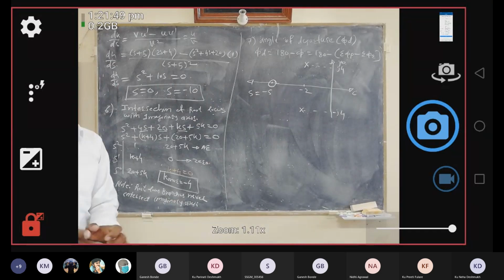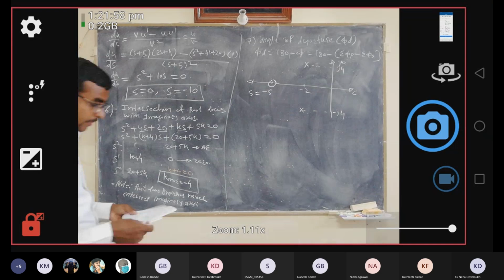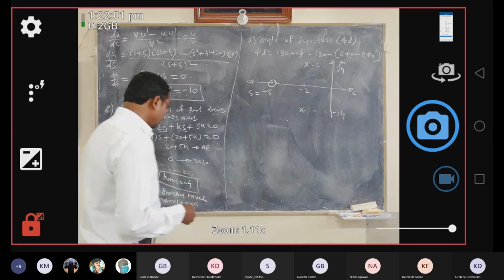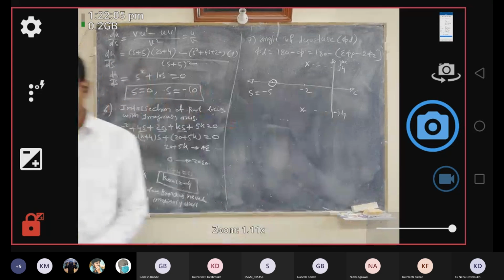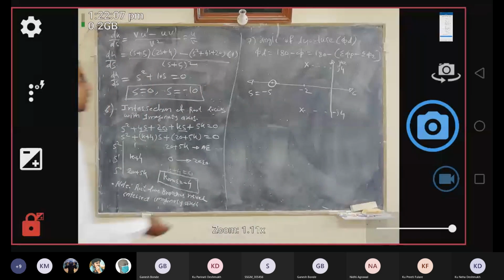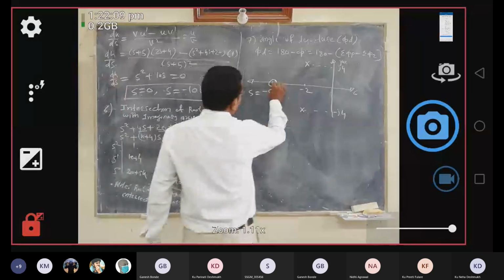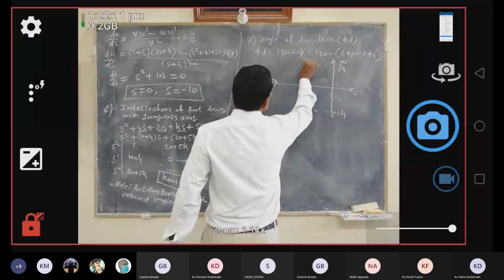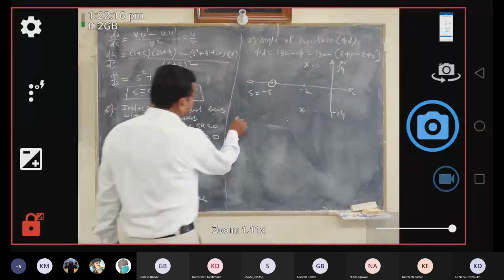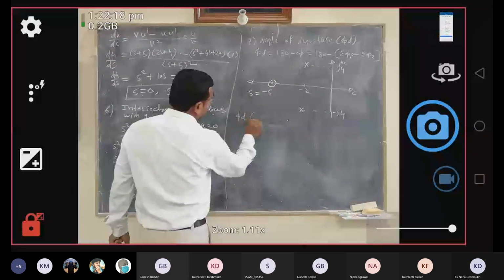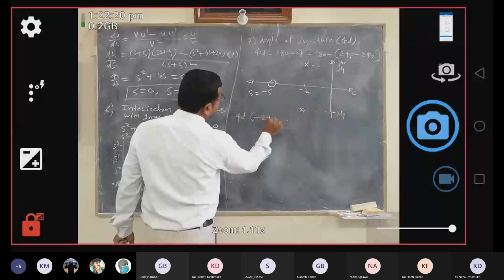Okay. Now we have to determine phi d. So what will be the first step? First step is that we are going to determine phi d for the pole under consideration. Okay, so write down, we are determining phi d for minus 2 plus j4.